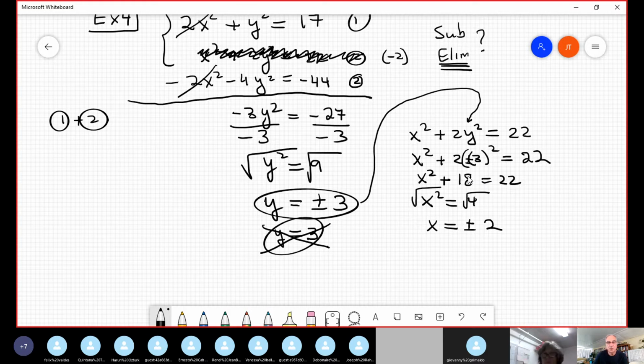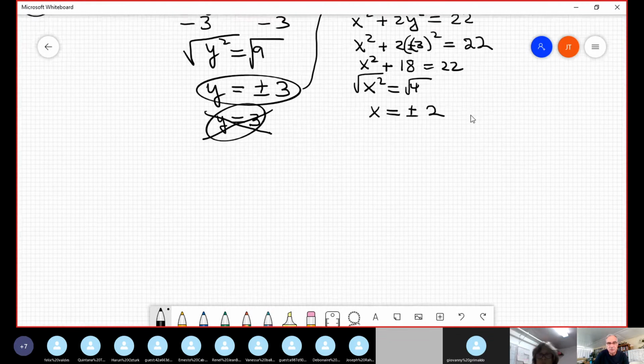So how many points do we have in total? We have 2 or we have 4? Because plus or minus 3 gives me plus or minus 2, no? That gives 4 points, yes, absolutely. This is the x value, sorry, this is a y value.